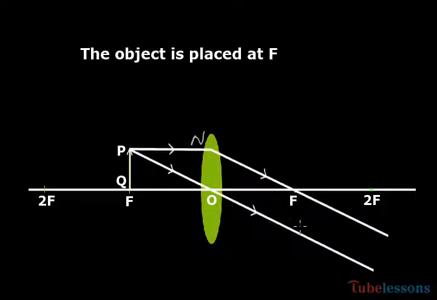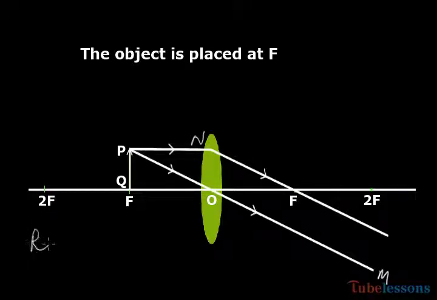You see PM is parallel to NF. These two rays will be parallel always, and we can imagine that they will converge at infinity.